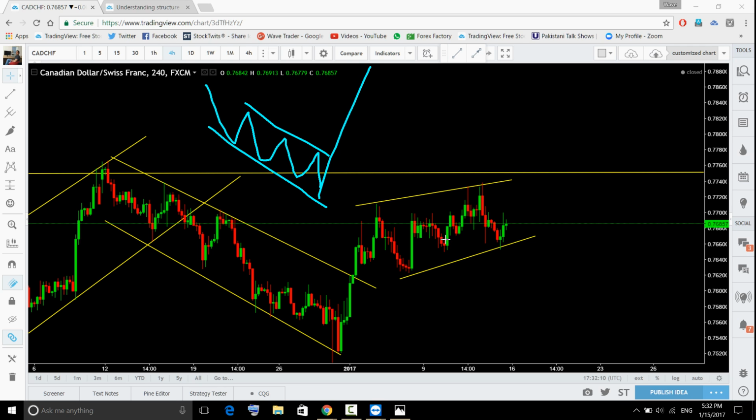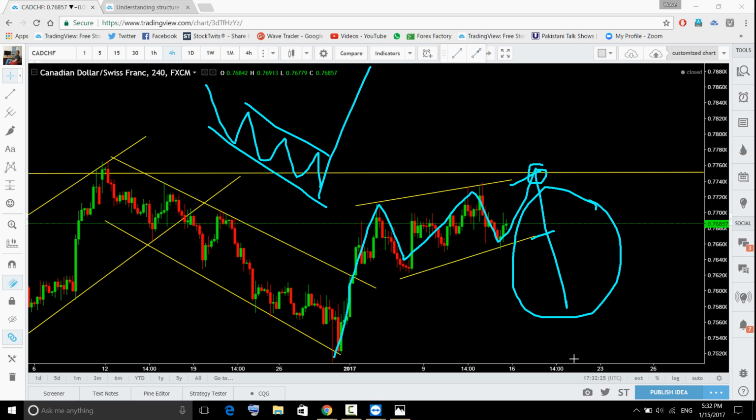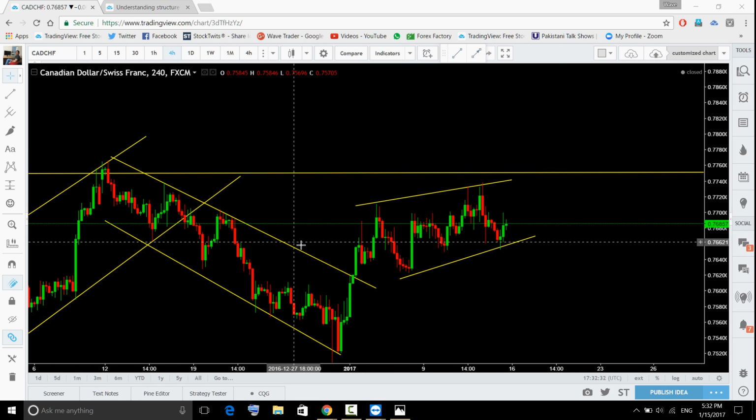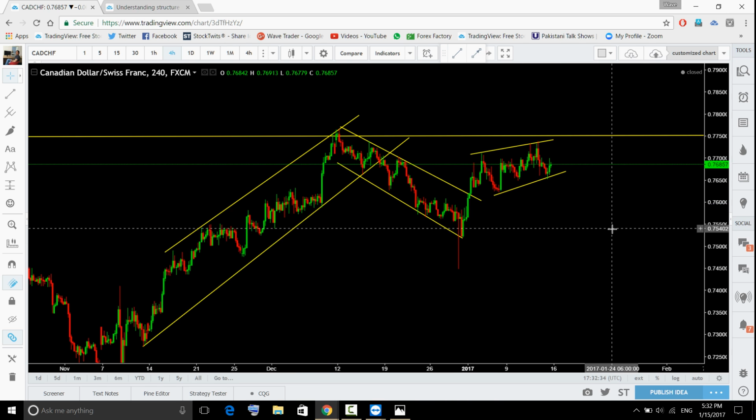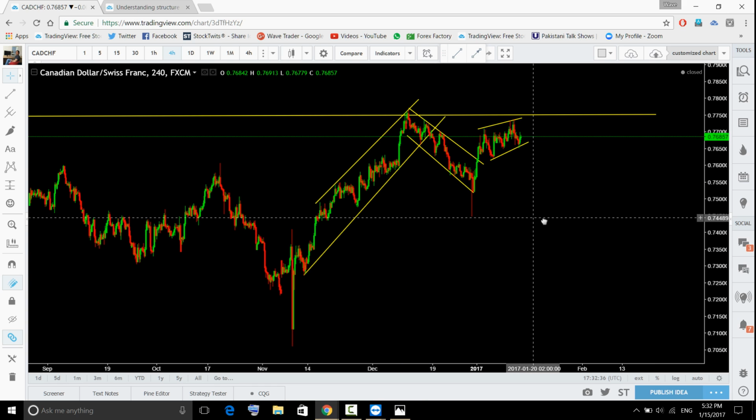This is the descending one, and this is the ascending one. We're going to look for a sell here and try to catch this impulsive break to the downside. Look for a sell whenever it comes close to the top.